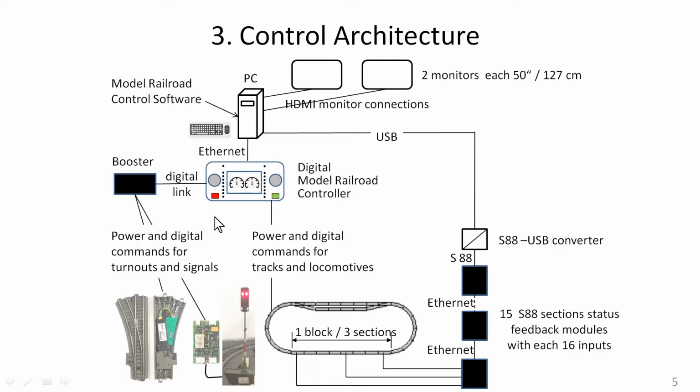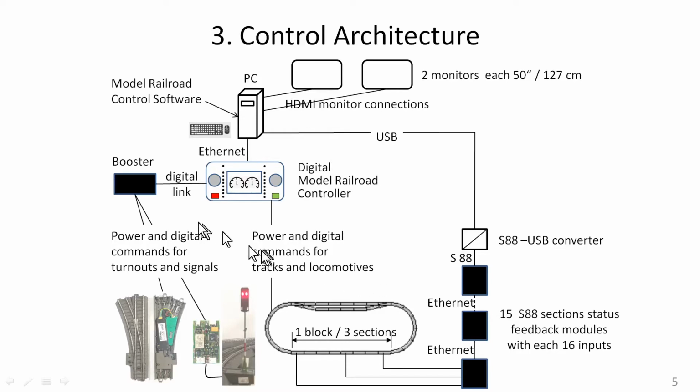I have around 7 trains running simultaneously on my 4,800 feet of tracks, and the model railroad controller which I use has enough power to feed all these tracks and the trains and locomotives.